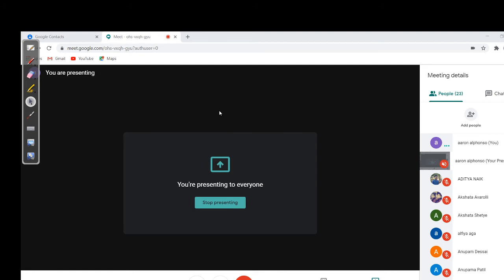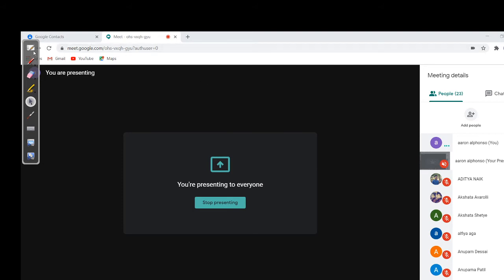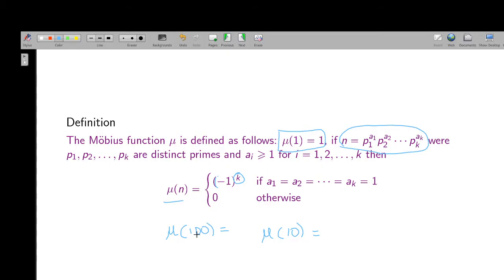Aditya, can you tell me what is mu of 100 and what is mu of 10? See, it is very easy. You can tell me definitely. If n has all distinct primes, the powers which appear here are only 1.